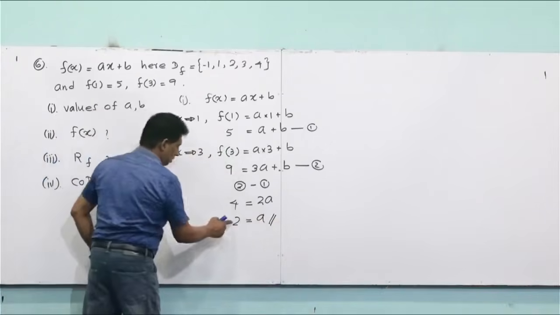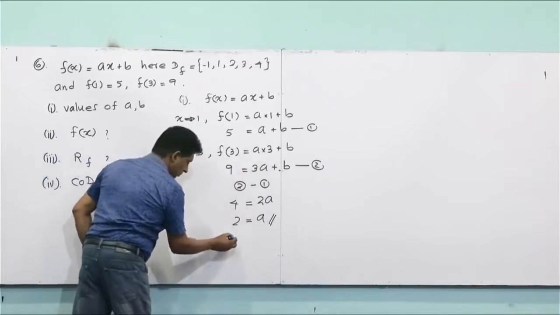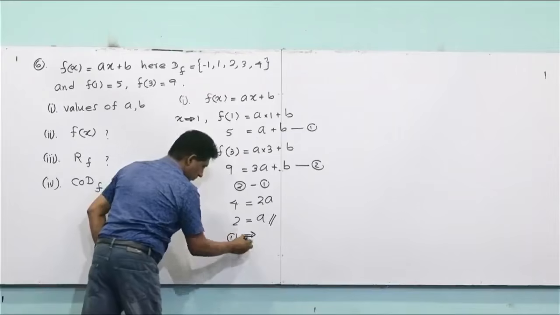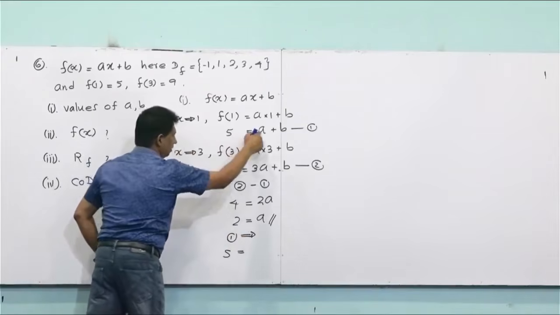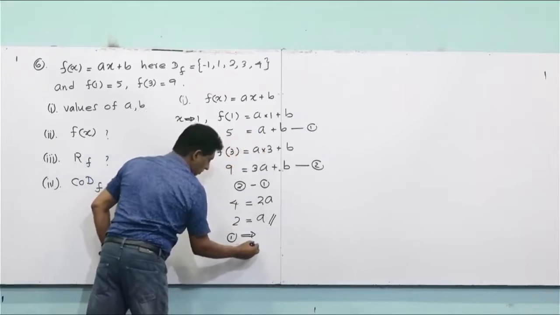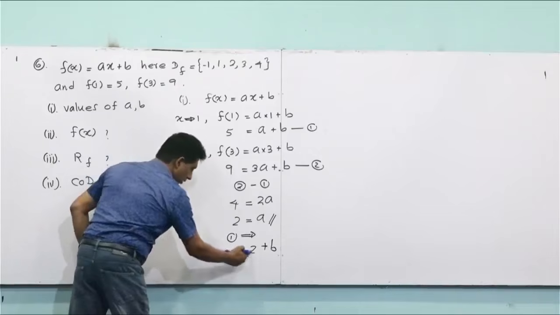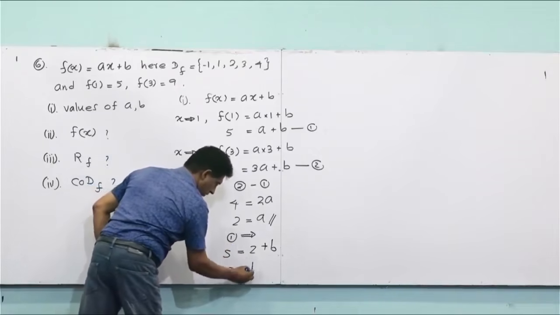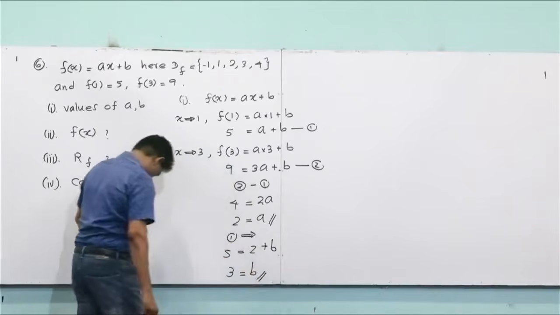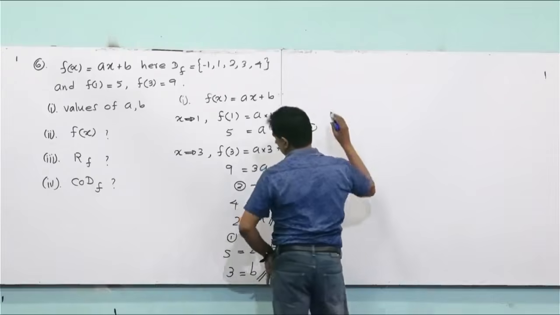Now we can substitute this value of a into equation 1. Then 5 is equal to 2 plus b. Now we take this 2 to this side, then 5 minus 2 means 3. This is the value of b. Now we know the values of a and b.